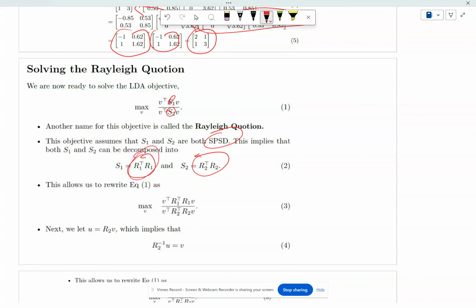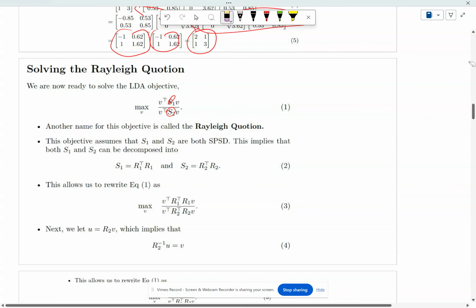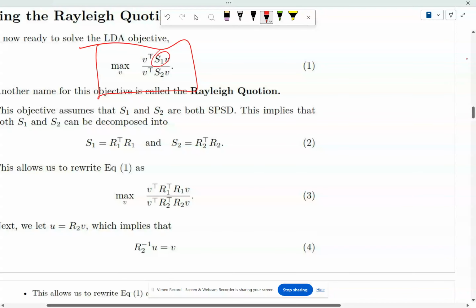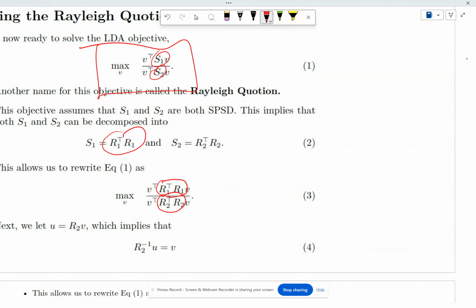So S1 I'm going to call R1 transpose R1, and S2 I'm going to call R2 transpose R2, which allows us to rewrite this objective in terms of R1 and R2.